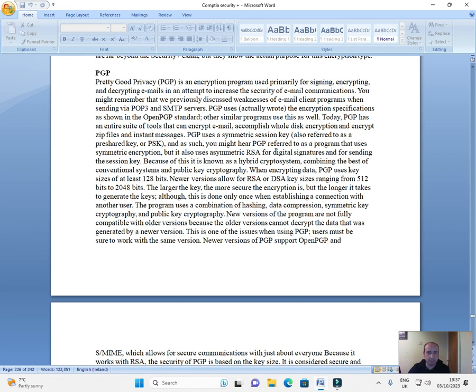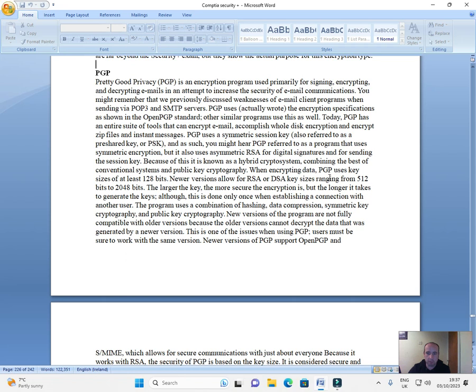You might hear PGP referred to as a program that uses symmetric encryption, but it also uses asymmetric RSA for digital signatures and for sending the session key. Because of this, it is known as a hybrid crypto system, combining the best of conventional systems and public key cryptography.